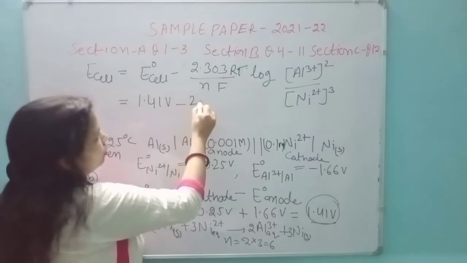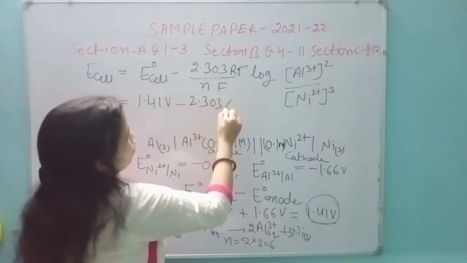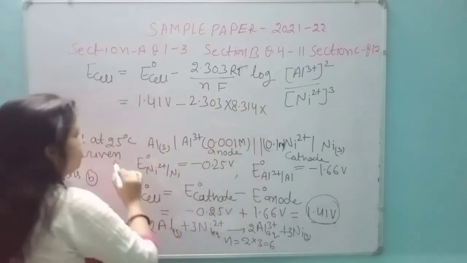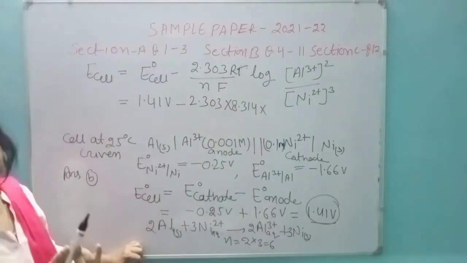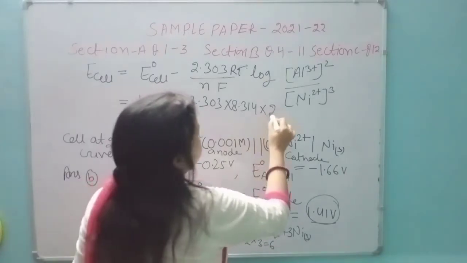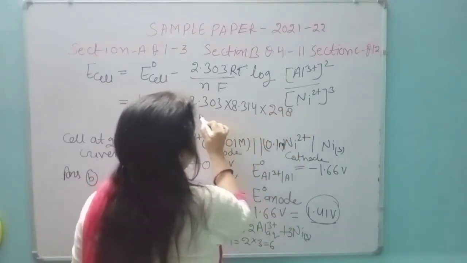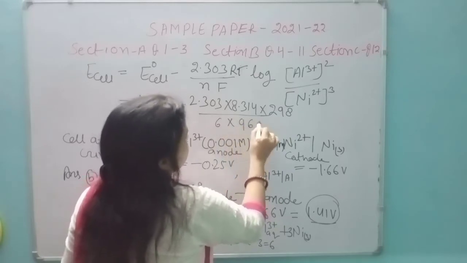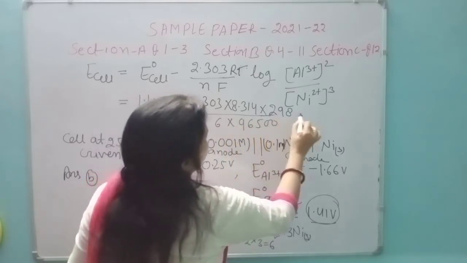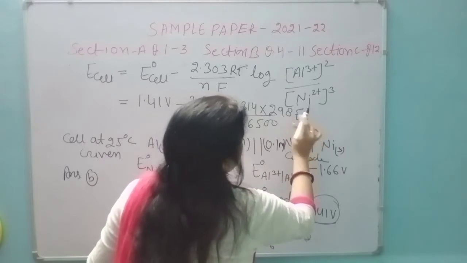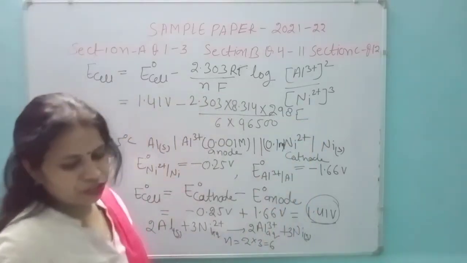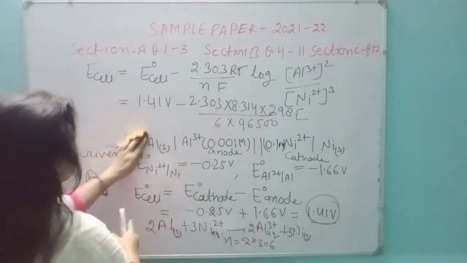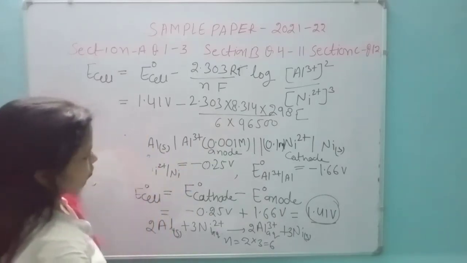Next, 2.303. What will be the value of R? 8.314, and temperature is given as 25, which means 298 Kelvin. And the number of electrons is 6. Faraday is 96500. And now the concentration.